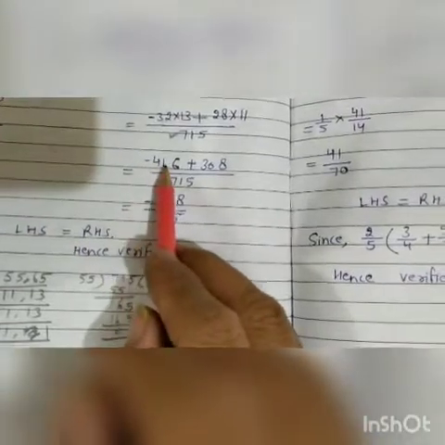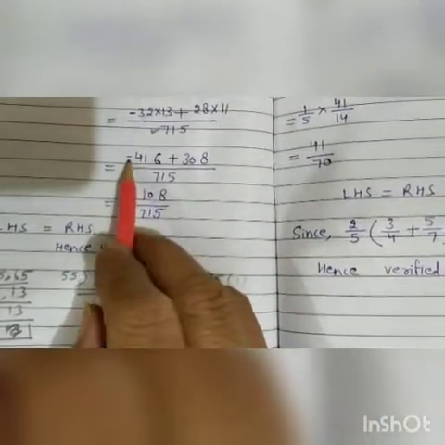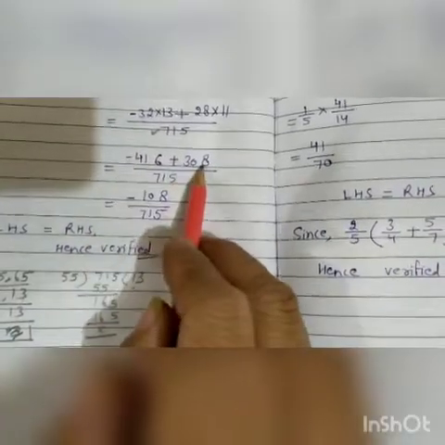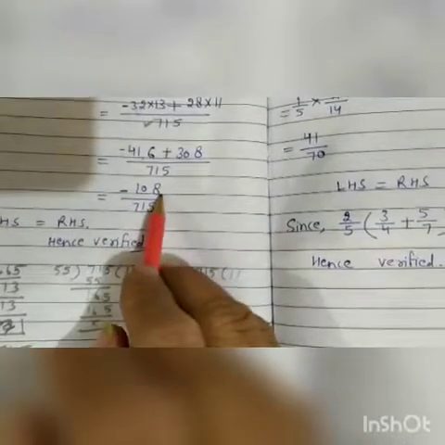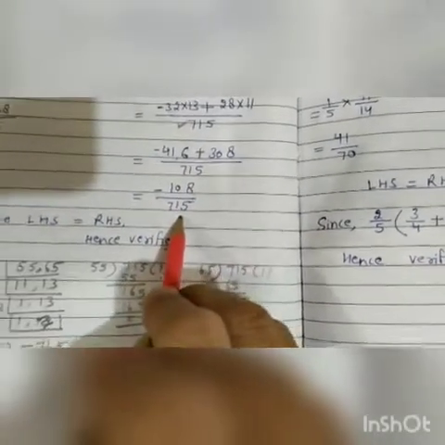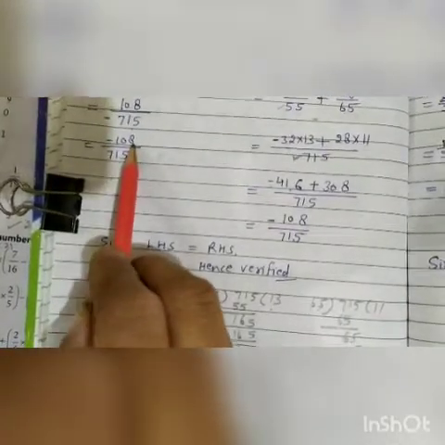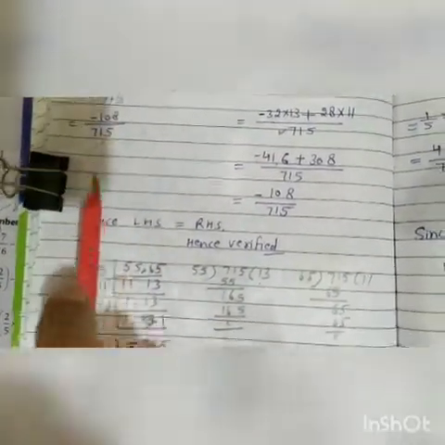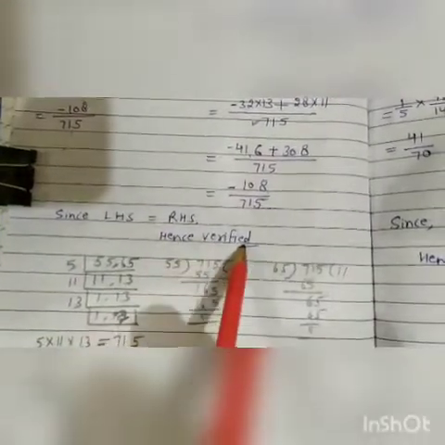Simplify this minus 416 plus 308. When two numbers are with different signs, we subtract the smaller one from the larger one. So we get minus 108 upon 715 in right hand side, and in left hand side also minus 108 upon 715. Both left hand side and right hand side are equal, hence verified.